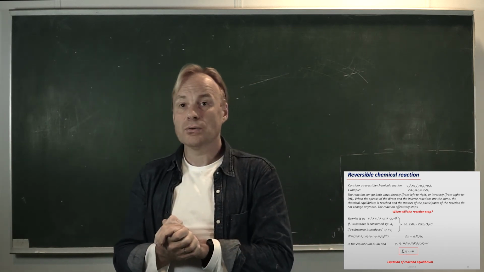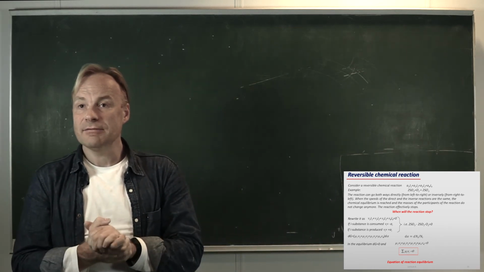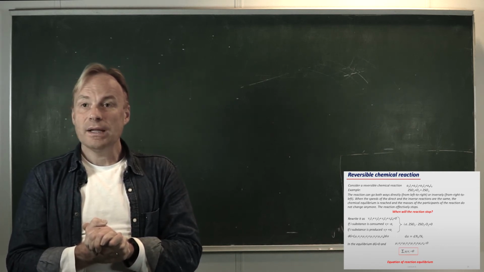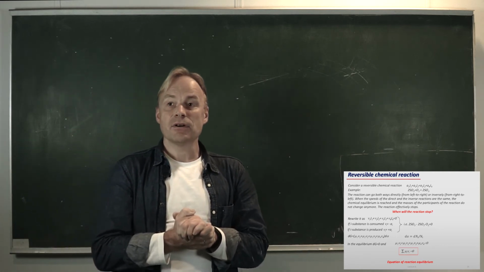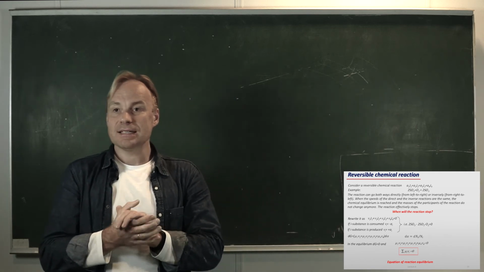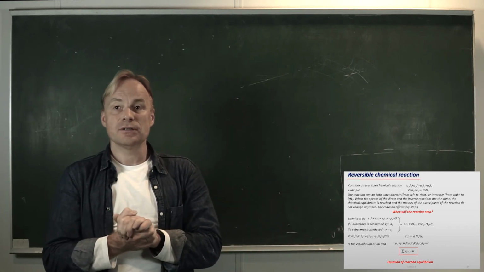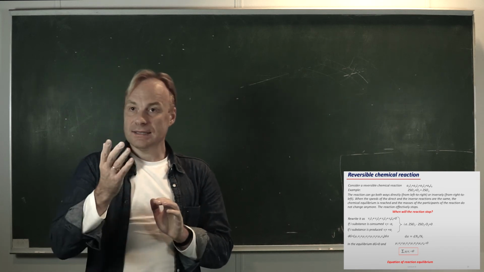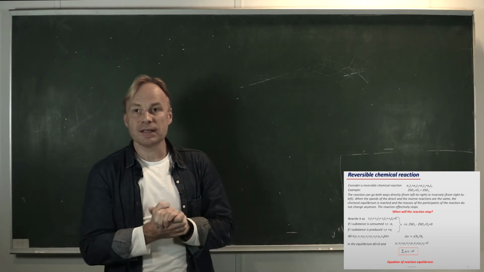The reaction can go both ways, directly from left to right or inversely from right to left. And when the speeds of the direct and inverse reactions are the same, chemical equilibrium is reached and the masses of the participants of the reaction do not change anymore. The reaction effectively stops. So I take an example of the reaction shown on this slide.